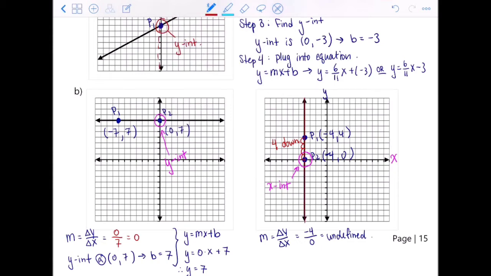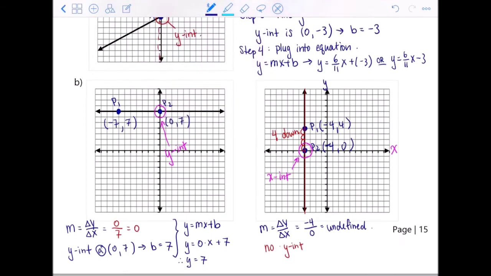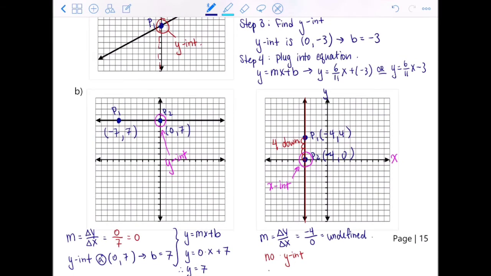So there's no y-intercept. No y-int. All right, so our equation is going to be quite an interesting one. This notation, by the way, is "therefore". So therefore, we have x equals -4 as the equation of the line.